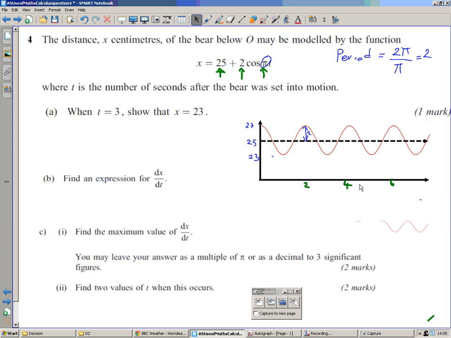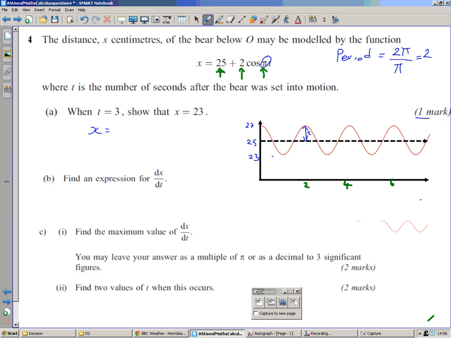When we actually turn to the question itself, the first part is very straightforward. It's just a case of substituting. There's only 1 mark for it. So it's just a case of substituting our values into x.